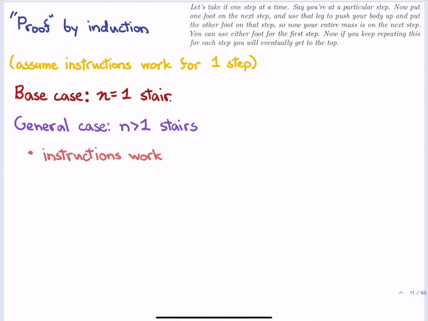So the instructions work for one step, so I take one step. Okay, I feel good about that, and let's say that's clean. All right. Now what?